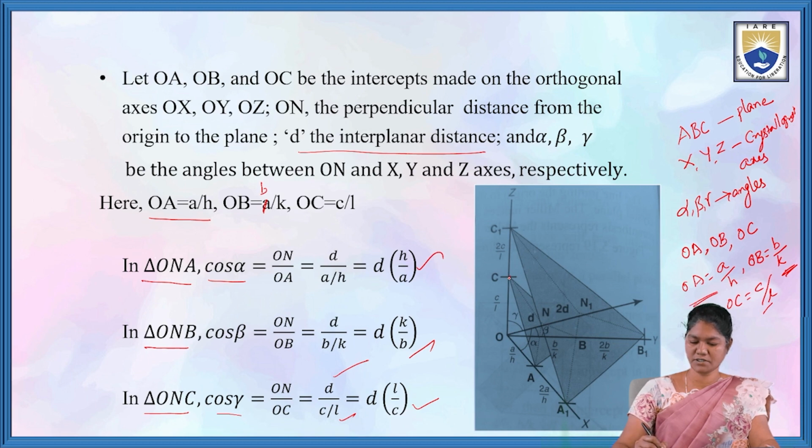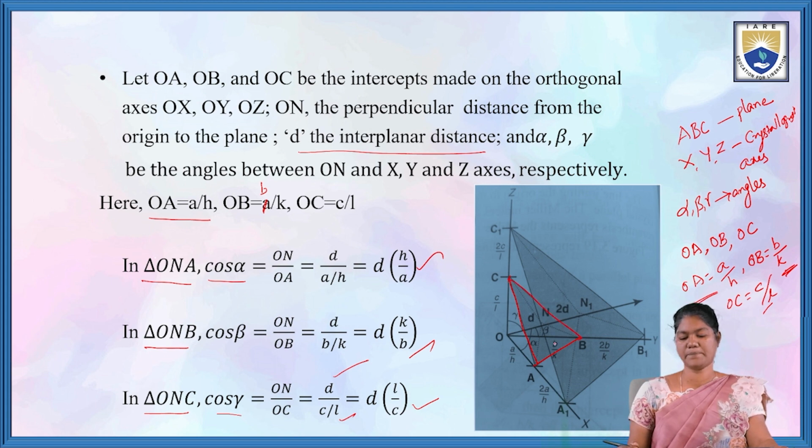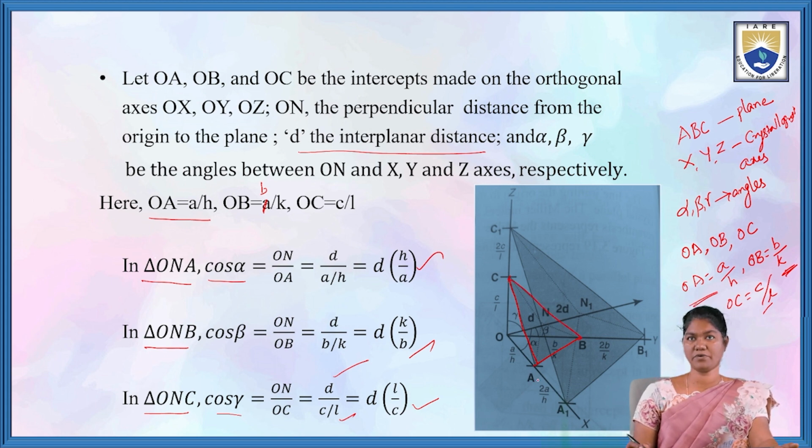So this is the ABC plane. Now we are taking another plane which is parallel to this ABC plane. So the intercepts on the three crystallographic axes are A1, B1 and C1.